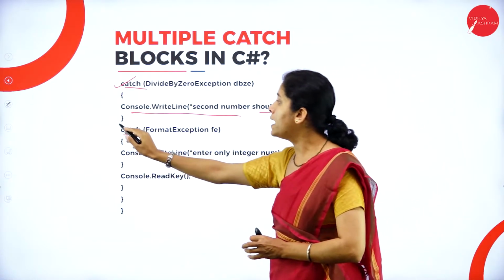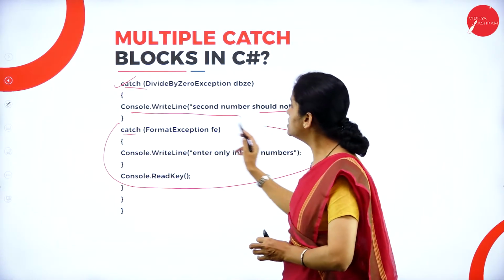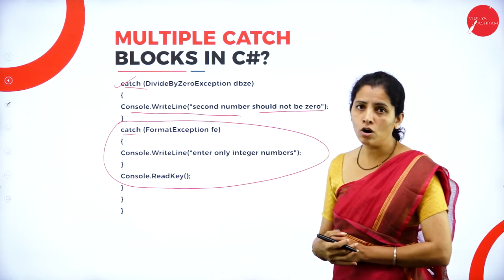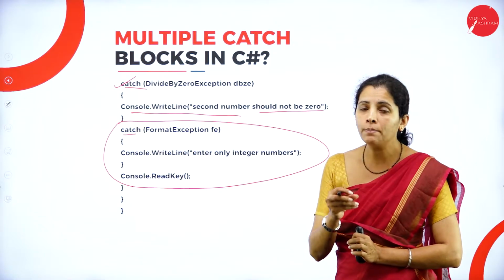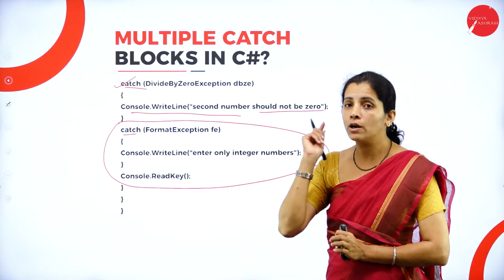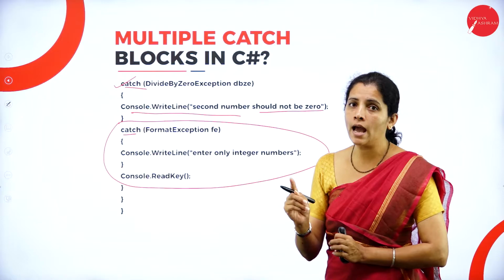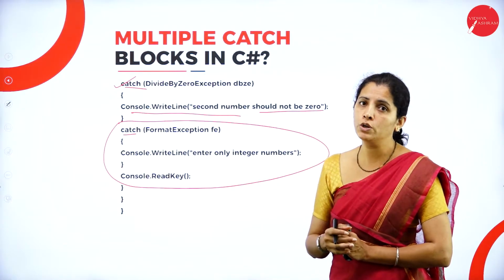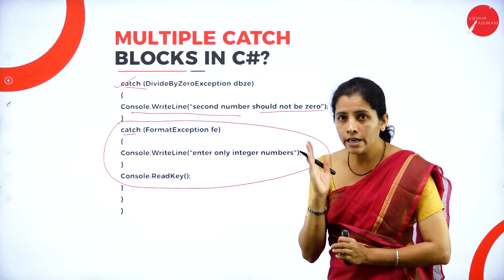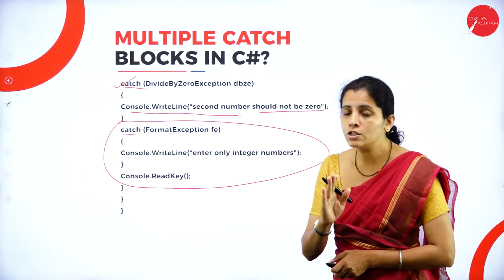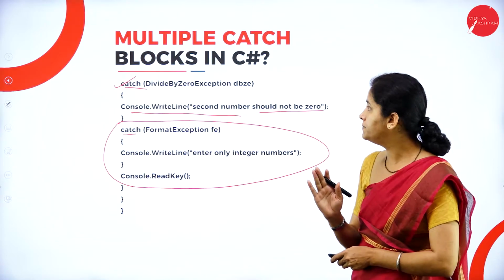And the compiler is going to ignore this line because in C# I can write multiple catch blocks. But while executing the program, the compiler is going to consider only one block at a time and ignore the rest of the catch blocks.